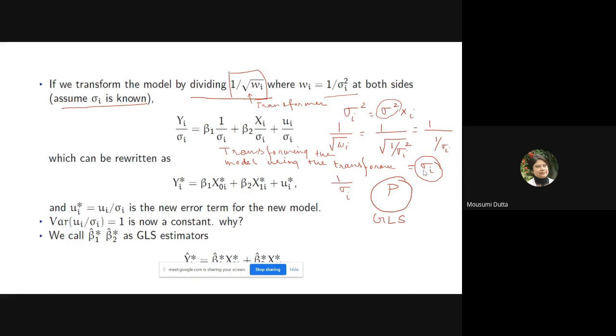So please do the steps and tell me the steps how I can write variance of ui by sigma i is equal to 1. If I can show this, in that case, this new error term will be homoscedastic, because it will become a constant equal to 1. Consider variance of ui by sigma i.